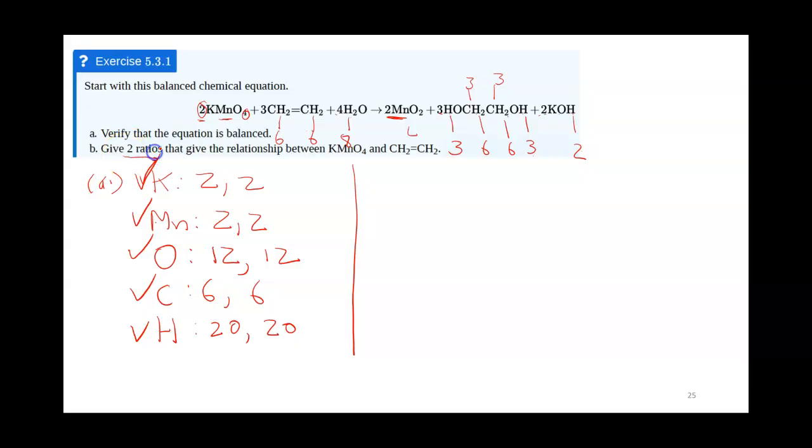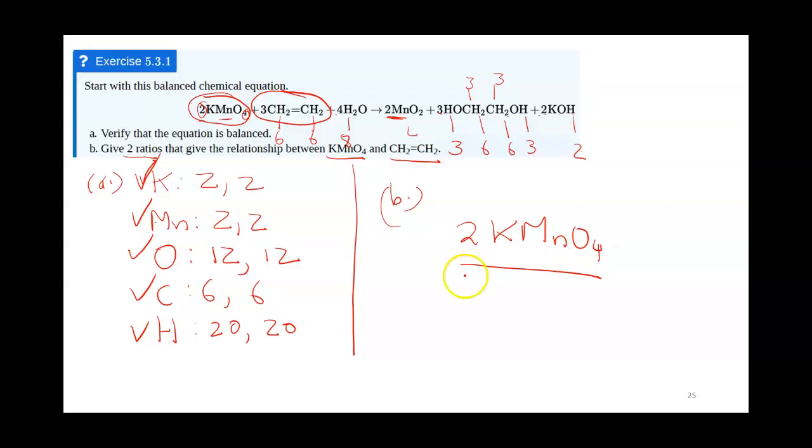So finally we're asked to give 2 ratios that give the relationship between KMnO4 and CH2CH2. So let's identify those guys, CH2CH2 and KMnO4. And we can see pretty easily what it is. We get 2 KMnO4 for every 3 CH2CH2.